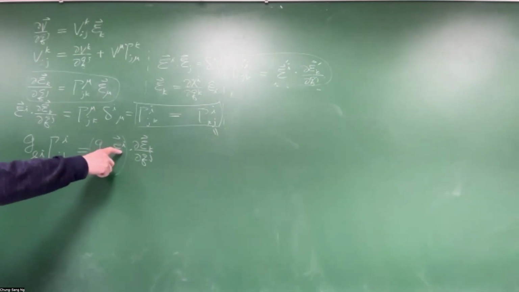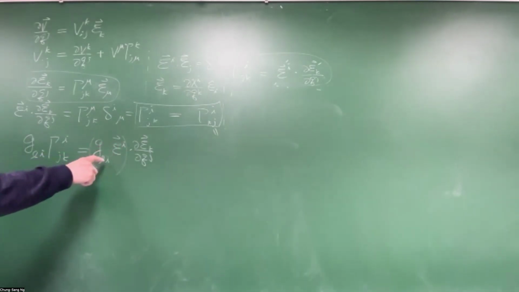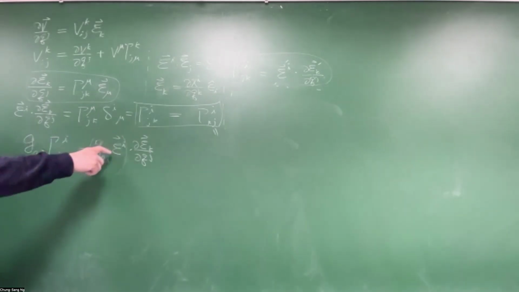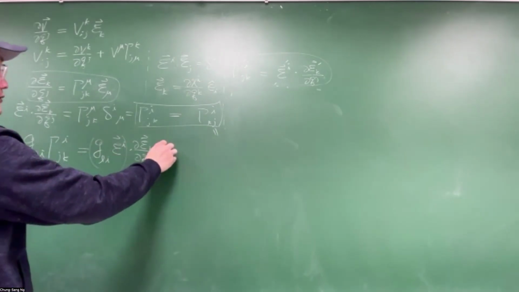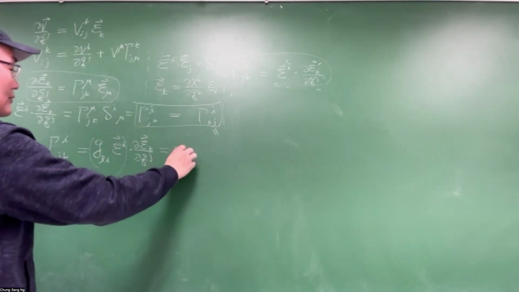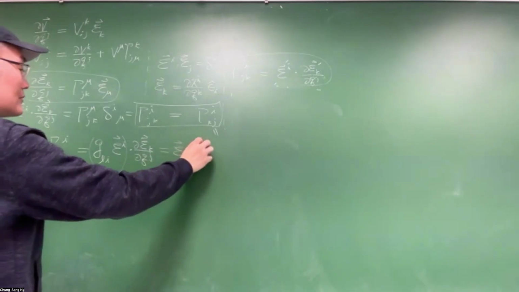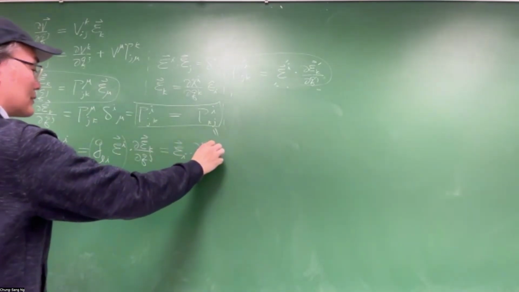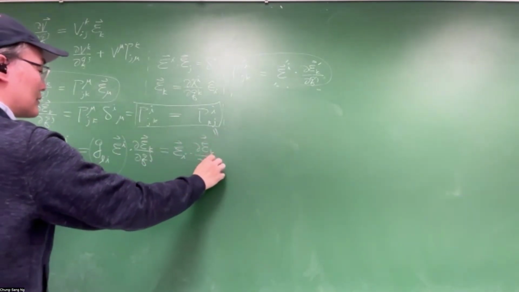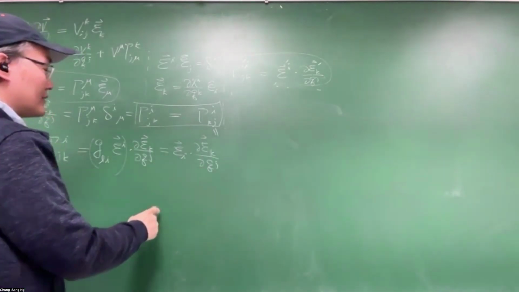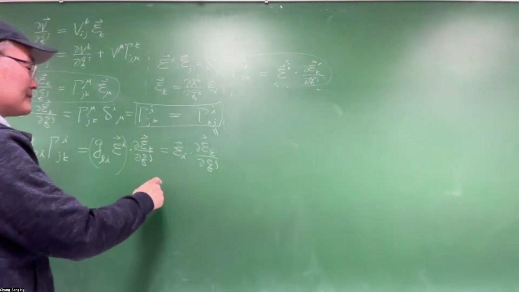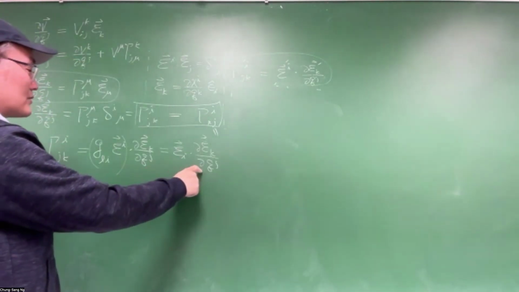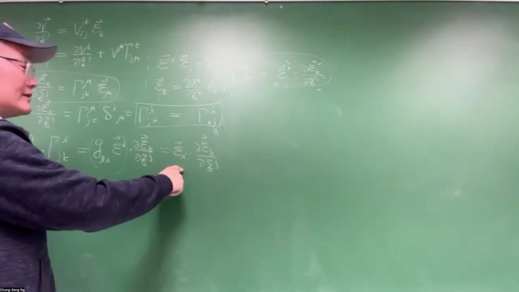A contraction of the contravariant basis with a covariant metric tensor just lowers the index and will give you the covariant basis. Okay, good. And now we define this as the Christoffel symbol of the first kind.